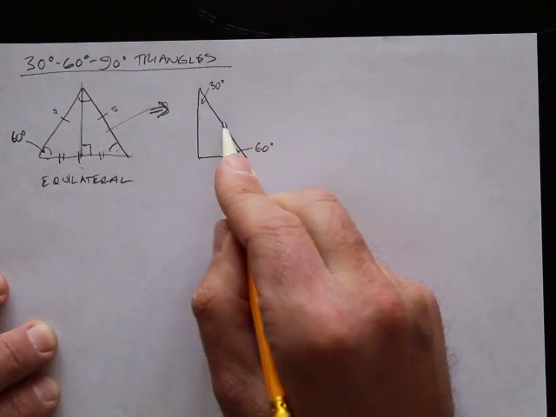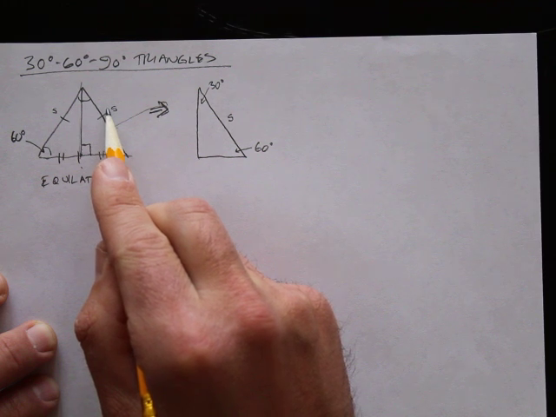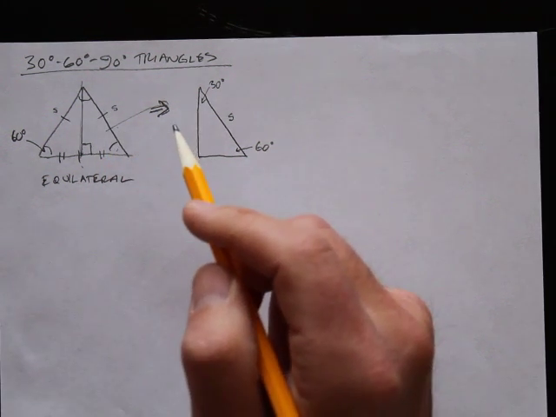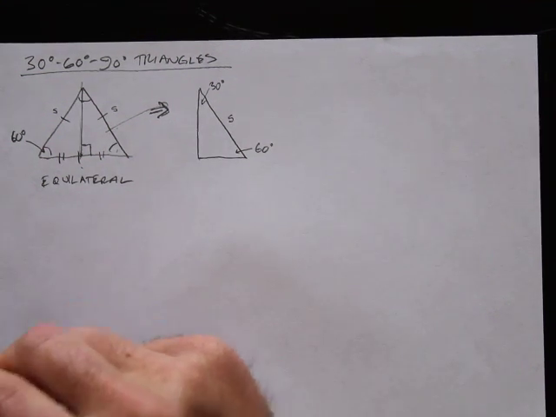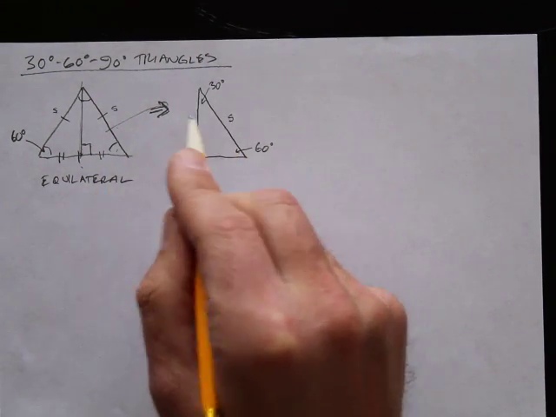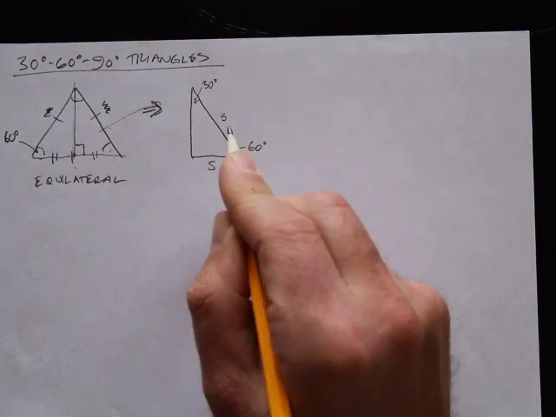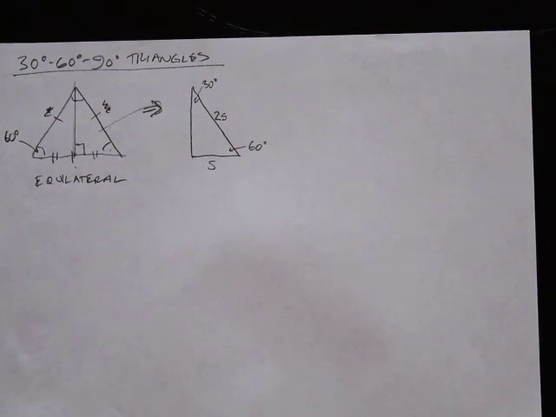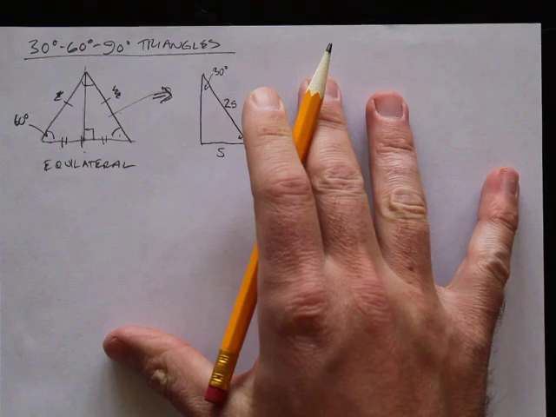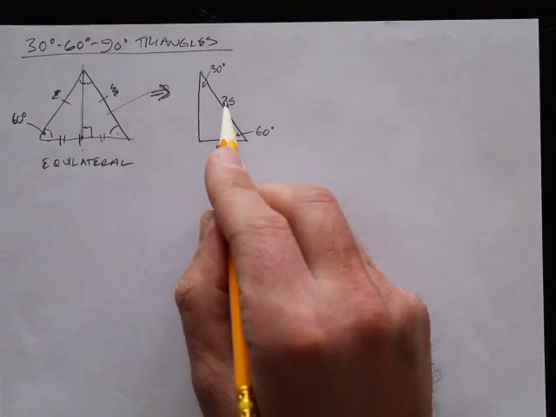So I'm going to say this is still S, this side length. Now, should I call these S? Let's not. Let's say this one is S. And this one then is 2S. Sorry to be confusing, but anyway, that's the way the world works sometimes. So we're going to call this S and this 2S.